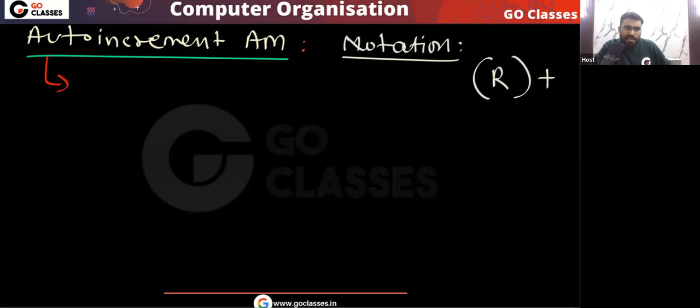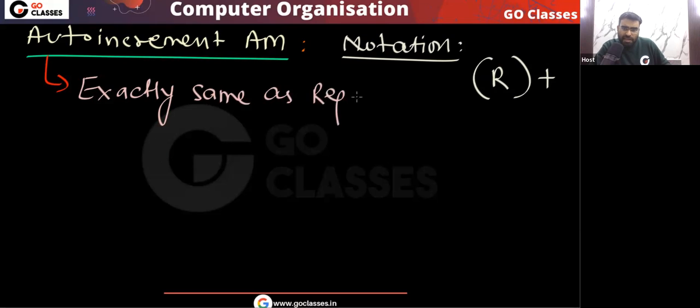Because this is exactly similar to register indirect addressing mode. What is the only difference?